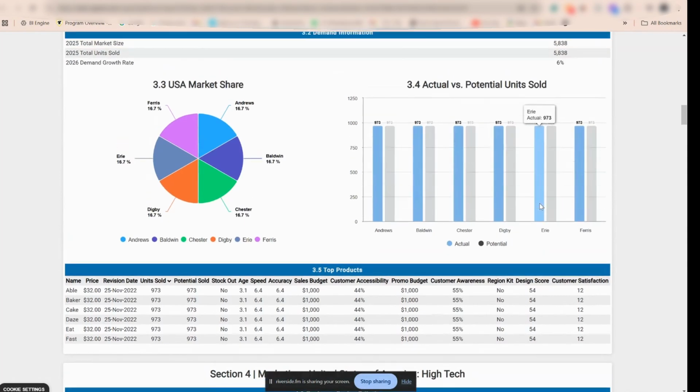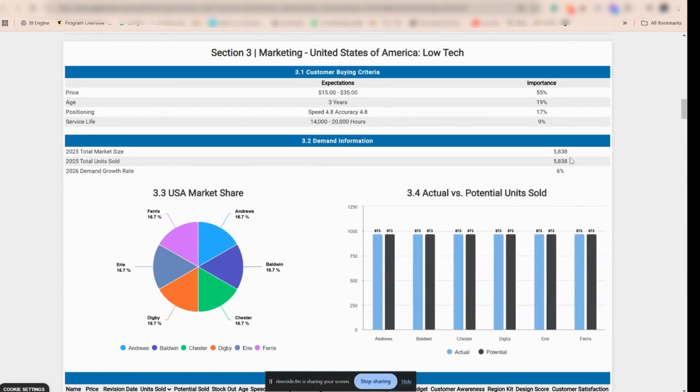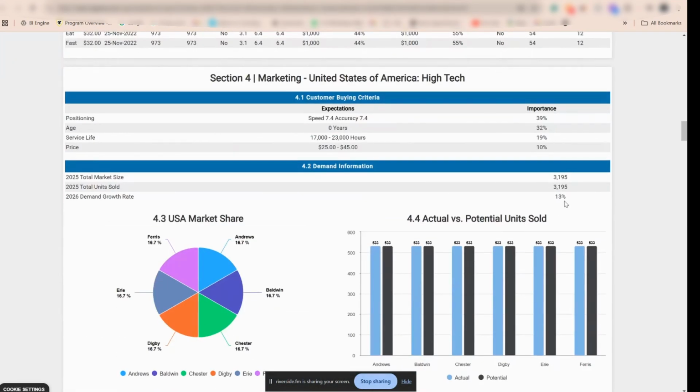Now the total market size is 5,833, which is going to grow by 6% for the low tech market. If you do 6%, that's about 1.6 million. And the high tech market will grow by 13%, which is about 3.6 million. So you do the math, equal market share, to be able to identify your market share.